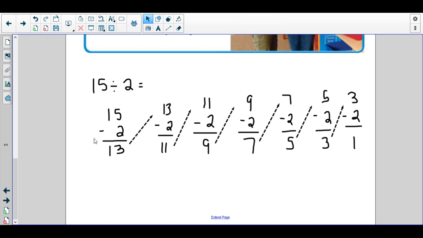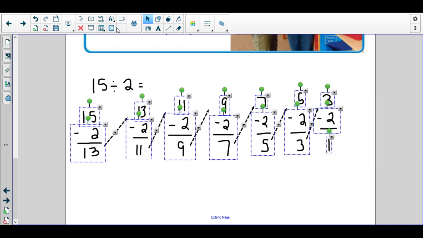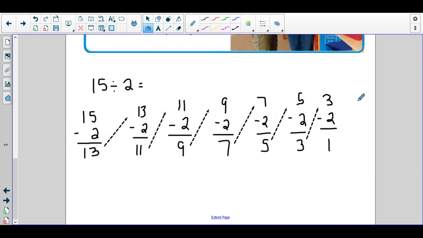Now, what happens if I try to subtract right here one minus 2? I can't do that. Well, I can, and later on you realize that this is actually a negative number. All right, but I can't take 2 from 1, and I can't borrow because there's nothing beside it. Okay?